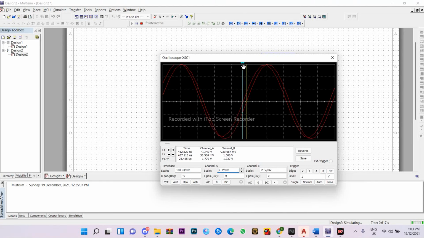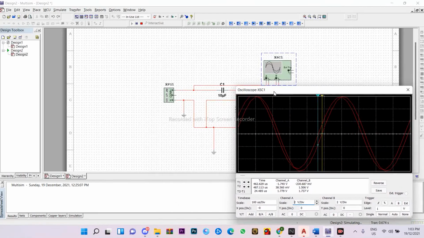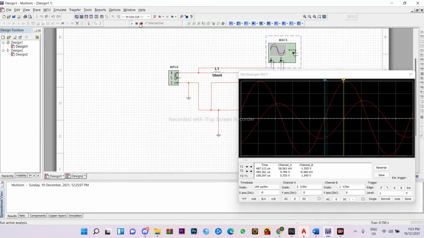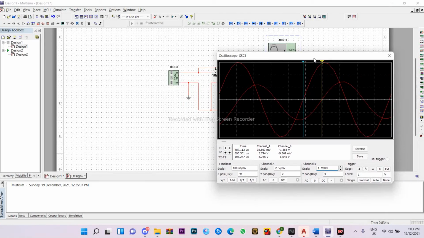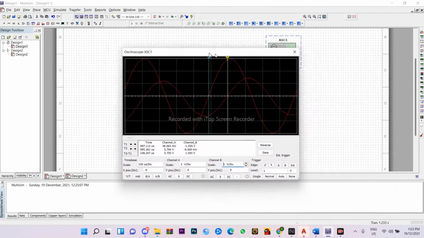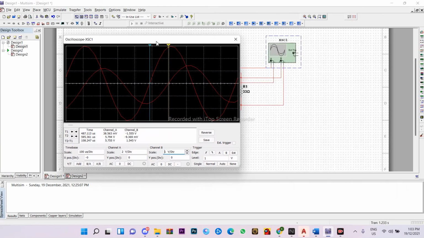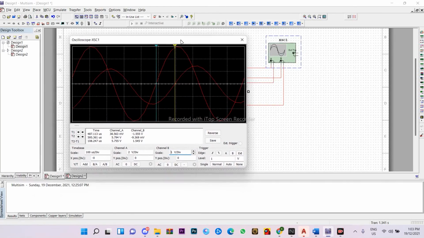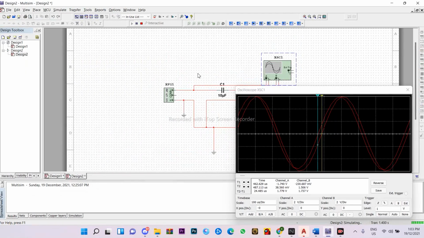And then the same goes for our RL circuit. We can conclude that channel A lags channel B. For the measurement in Multisim, this is for the RL and this is for the RC.